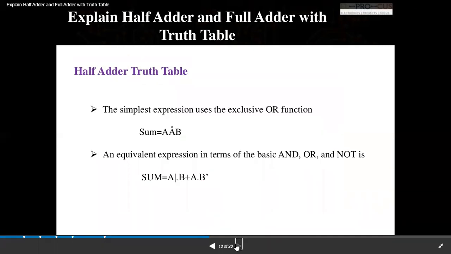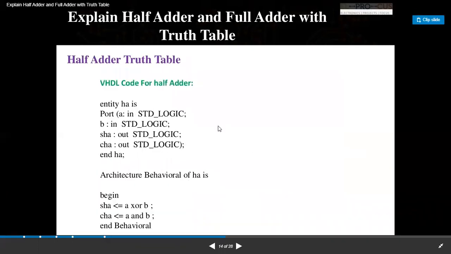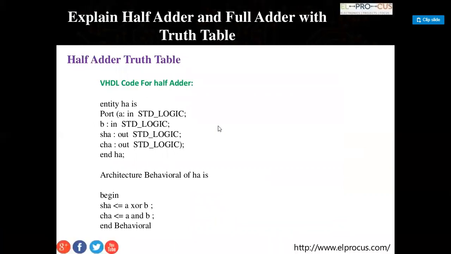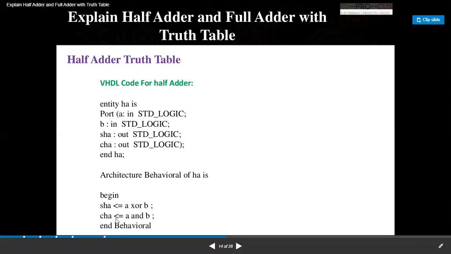In the same way, in the description of this half adder, we write the carry of the half adder is assigned the value of, with the less than sign followed by equal to, which we call the assignment sign.